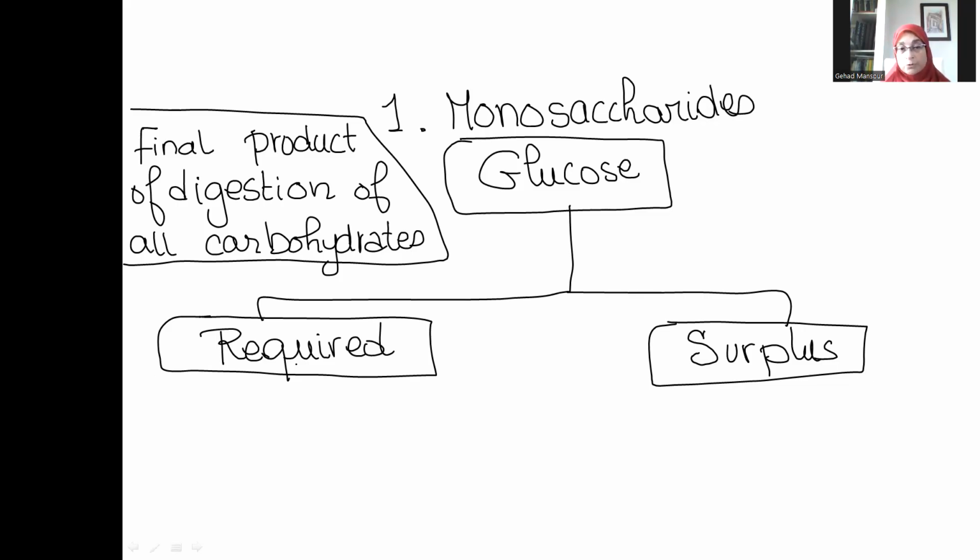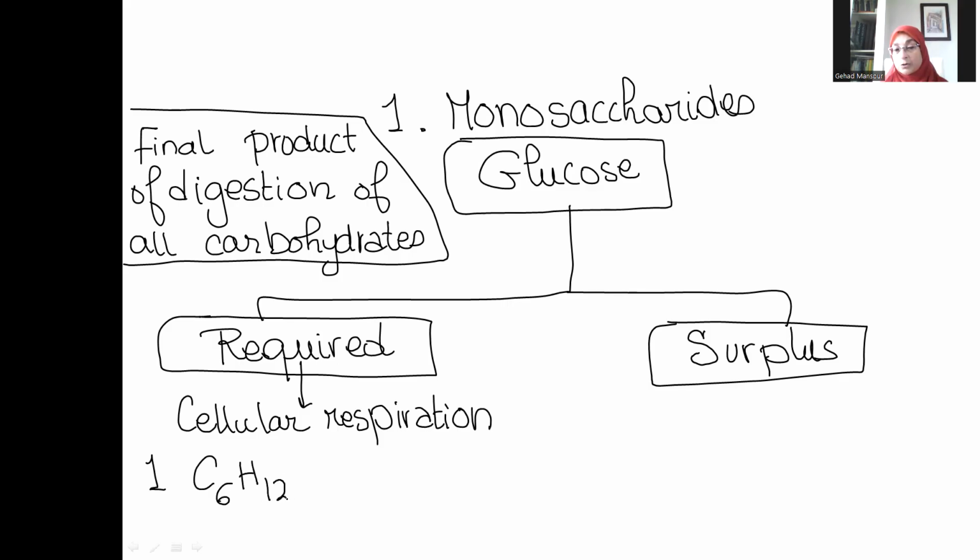Now, the required glucose will undergo the process of cellular respiration, and the aim of that process is to produce energy. So one molecule of glucose, C6H12O6, you needn't memorize the formula, plus 6 molecules of oxygen will give rise to molecules of ATP that store energy, about 38 molecules of ATP.